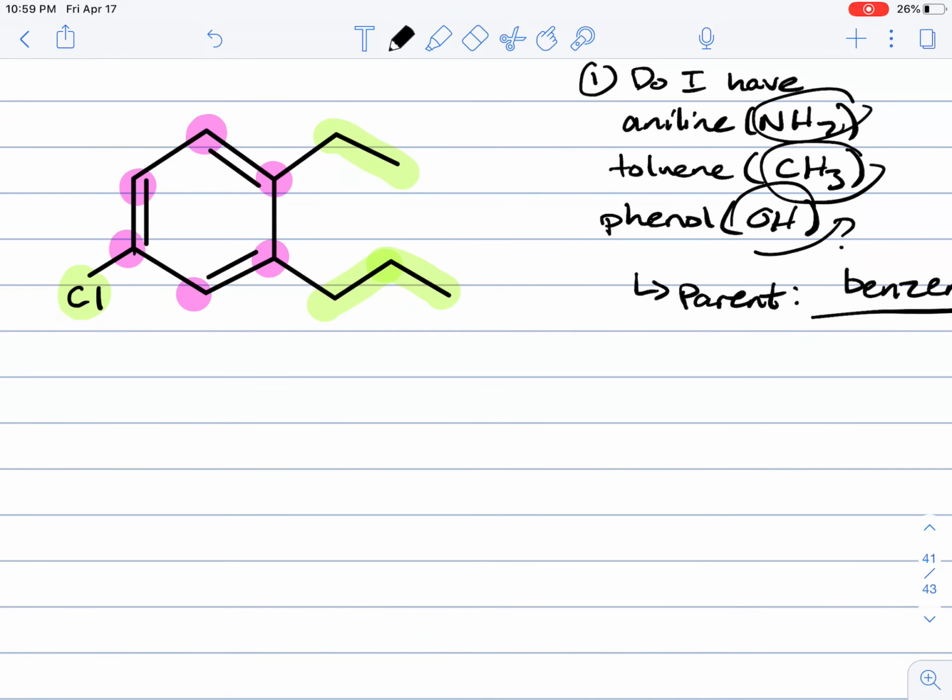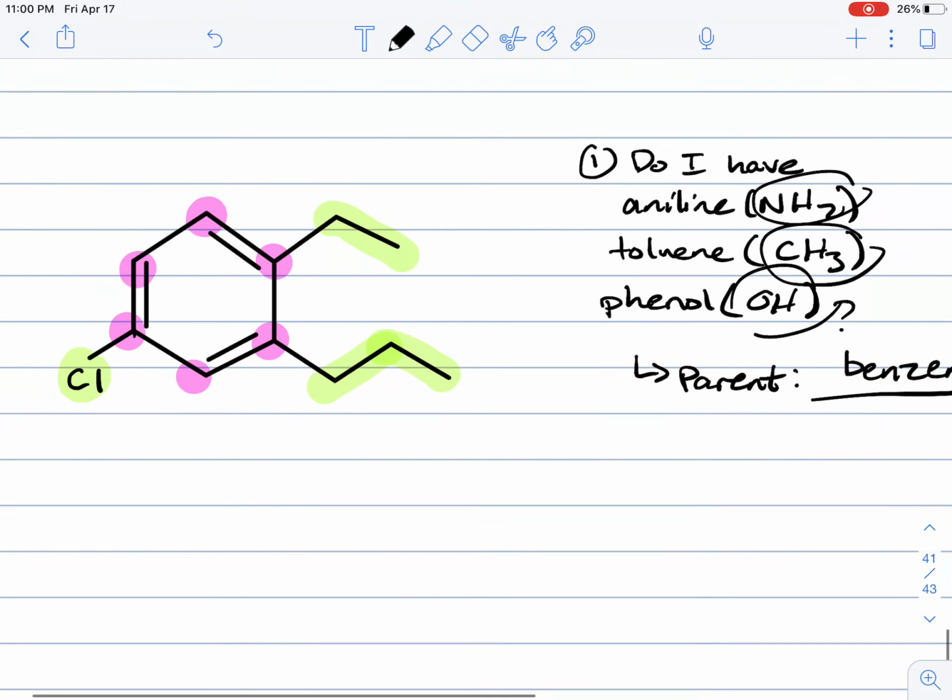It's in green highlight. And then we're going to put the carbon numbers together with that of the substituents, and then just name them as we normally would. But the tricky part here for polysubstituted benzenes without your aniline, your toluene, your phenol is determining what's carbon 1, what's carbon 2, what's carbon 3, what's carbon 4, 5, etc.